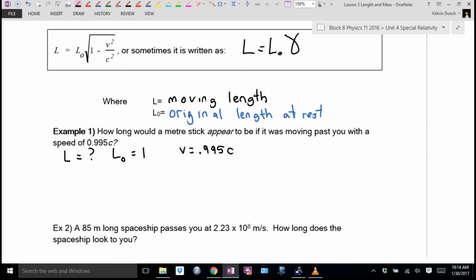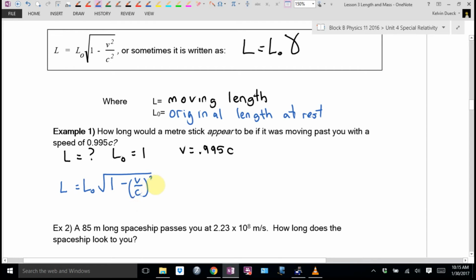If it zipped by you that fast, and you could see it that fast, which is tricky, but maybe we have an instrument that lets us do that, how long would it look to us? Well, L equals L0 square root. By the way, this is also on your green sheet. The length equation, 1 minus v over c all squared, or v squared over c squared.